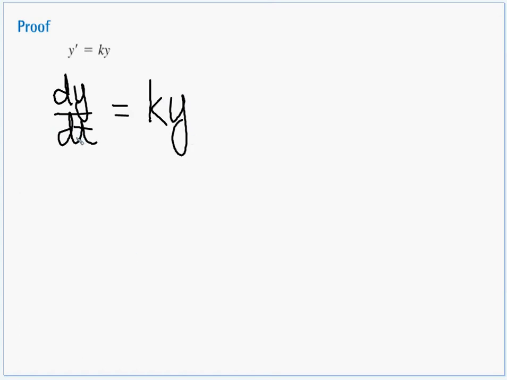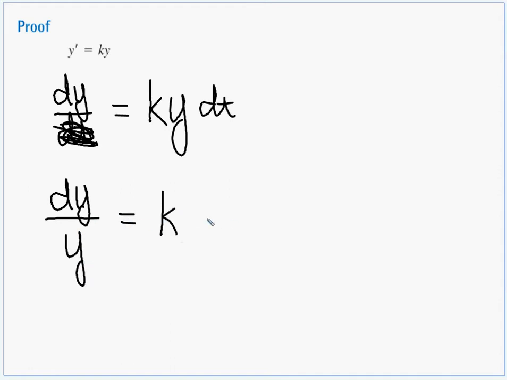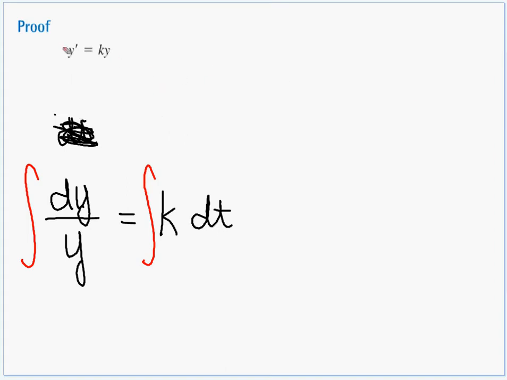First thing I'm going to do, multiply both sides by dt. So now the dt is on this side. And to get my y's together, I'm going to divide both sides by y. So now I have dy over y is equal to k times dt. And at this point, I am going to antiderive each side. And keep in mind k is just a constant.